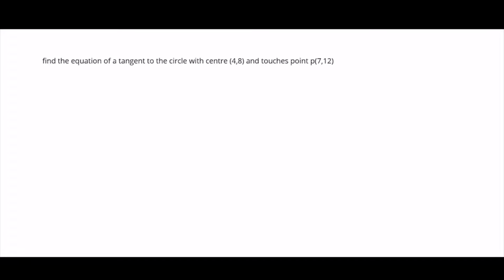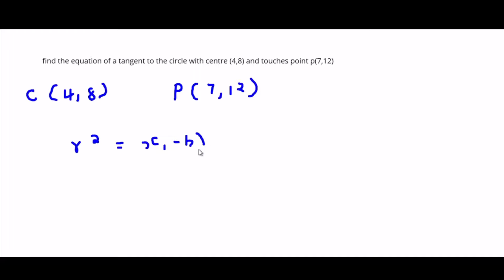Find the equation of a tangent to the circle with center (4, 8), and we have our point P as (7, 12). So the first thing that I suggest you should do is try and find the radius. So r squared equals (x1 - h) squared plus (y1 - k) squared.